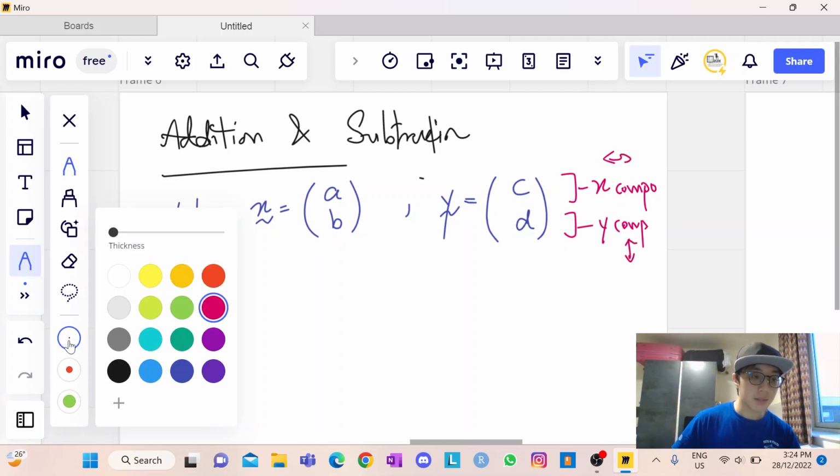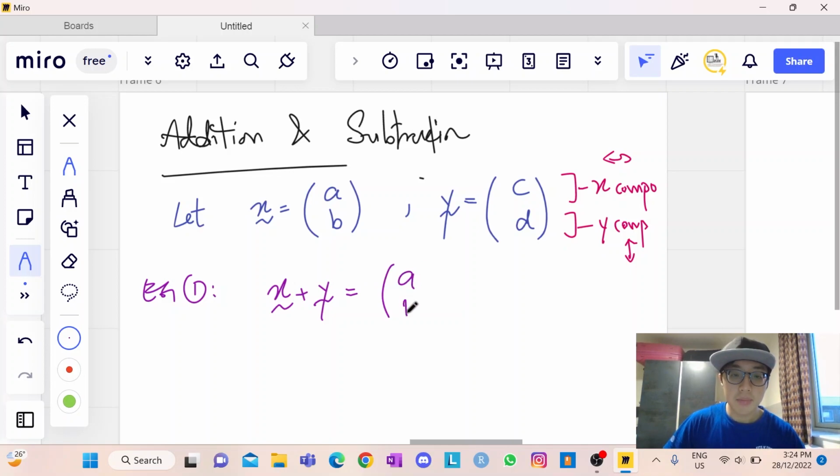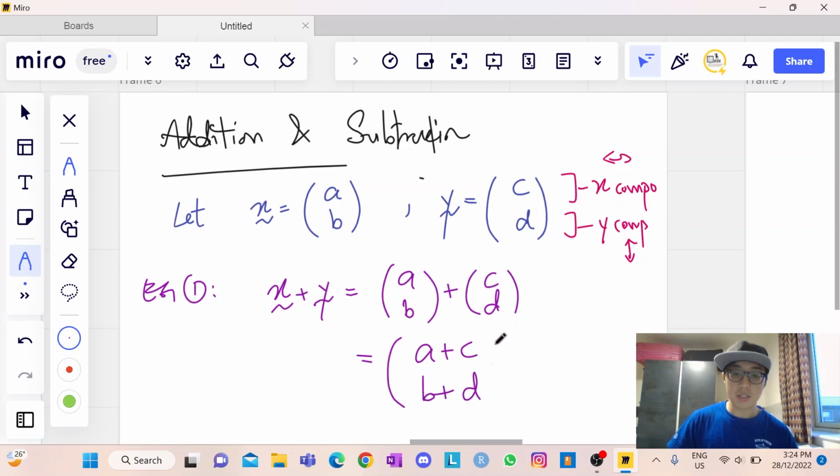If we are going to add them up, for example number 1, x plus y, we can say it equals ab plus cd. If you see something like this, it's basically a plus c and b plus d. It's just a simple addition.